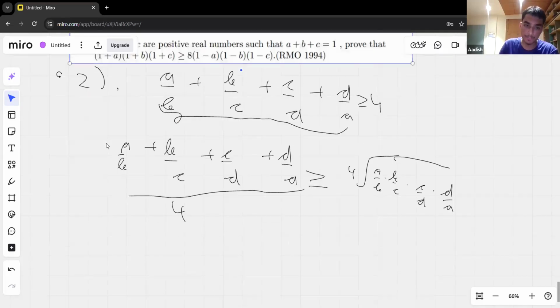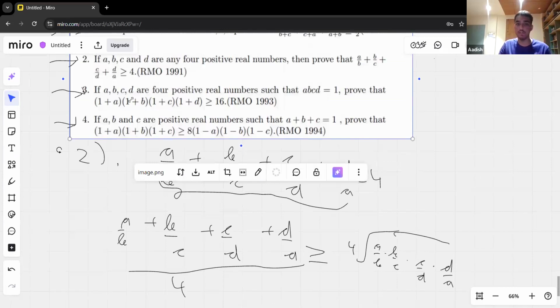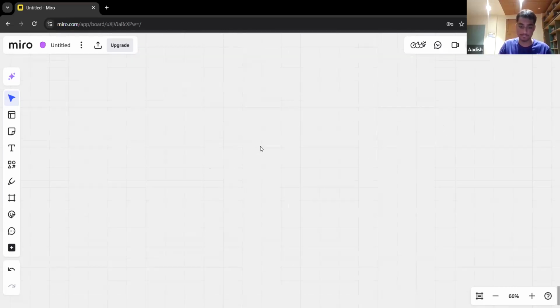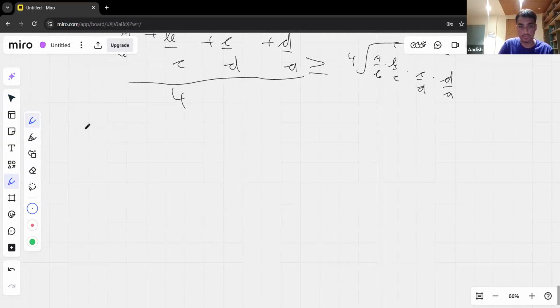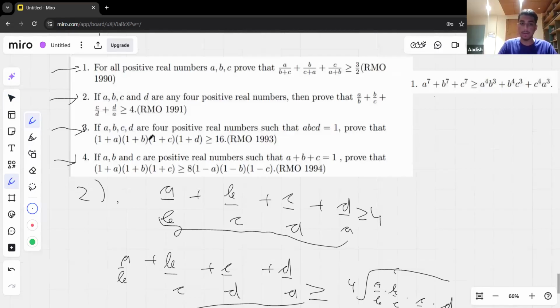What you do is you apply AM-GM on each of the terms individually, and you multiply them out.